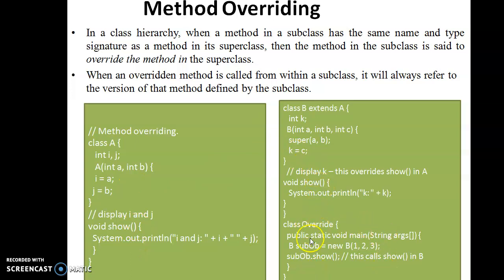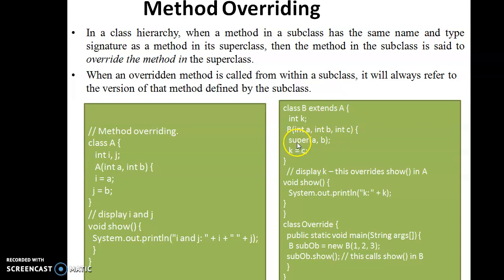And here we have a main method. An object of class B is created with the name subOb, and 1, 2, 3 is passed to the constructor of class B. A value is 1, B value is 2, and C value is 3.